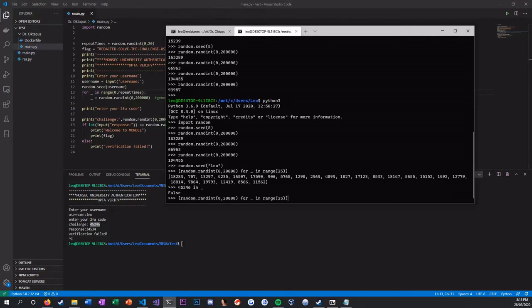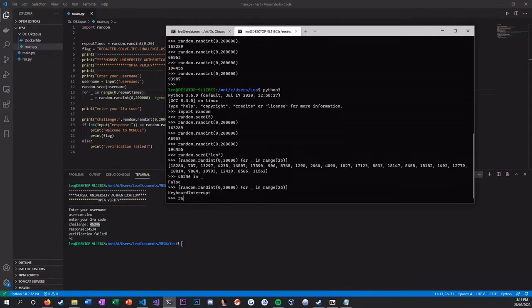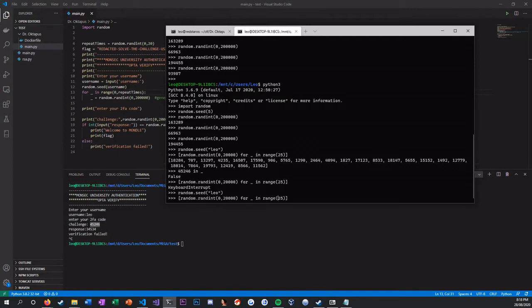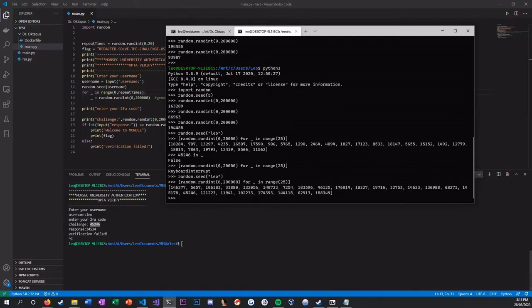Oh, I'm sorry, I just realised I shouldn't put the wrong amount of zeros in there. 200,000 rather than 20,000. And we should get, yep, there we go, 45246.